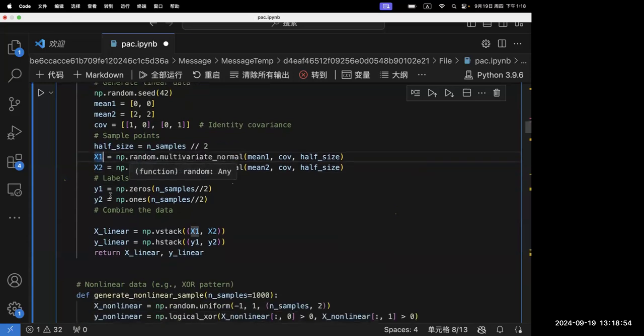And basically, we assume that each group of the feature X belongs to a specific category. So the X1 is associated with the label Y1, which are zeros. So their ground truth label is zero.